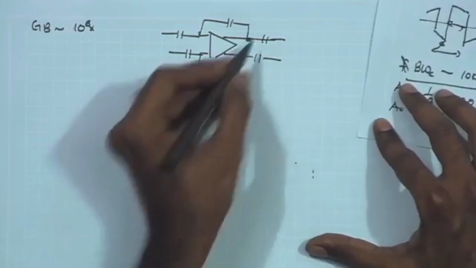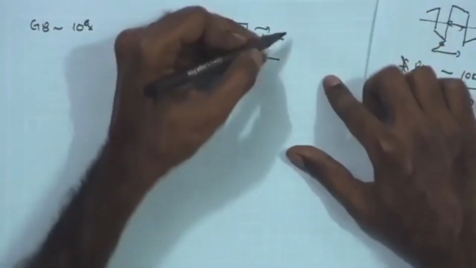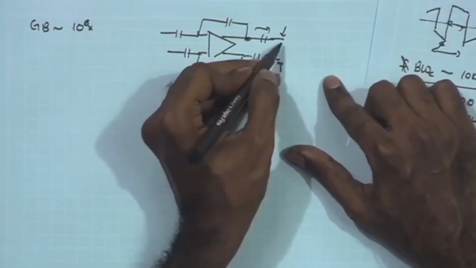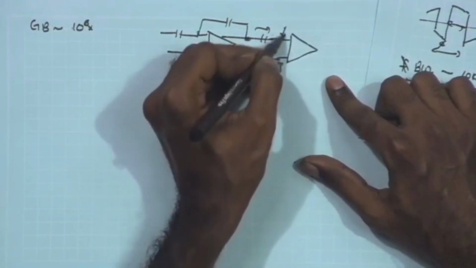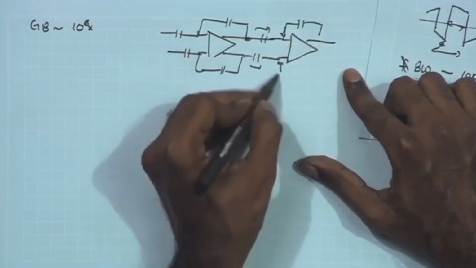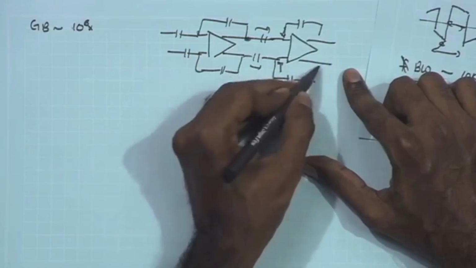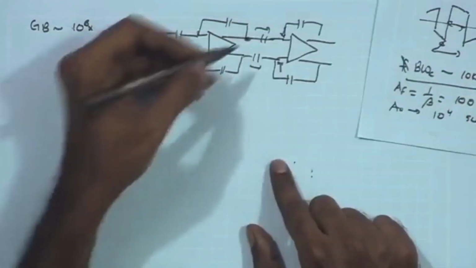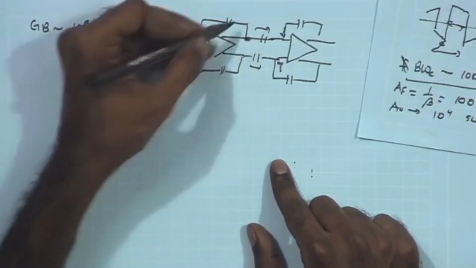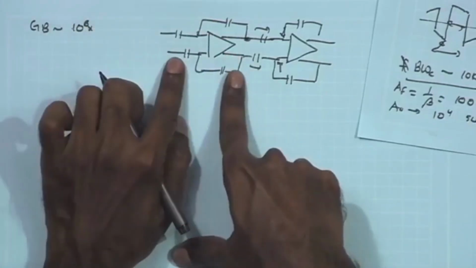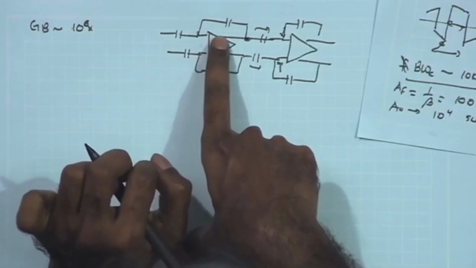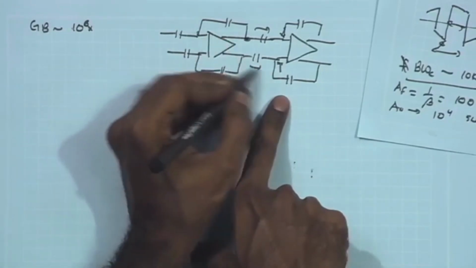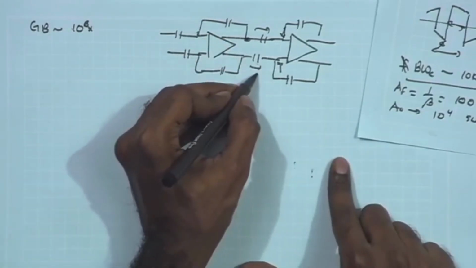So in the next stage, once again, remember that this point is going to be AC ground for the next amplifier, and as a result, the overall load capacitance experienced by the stage 1 amplifier, which is built of my 2-stage op amp, is going to be given by C1.